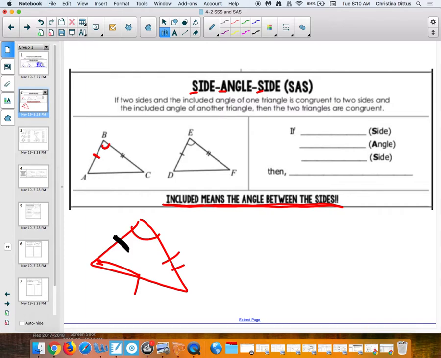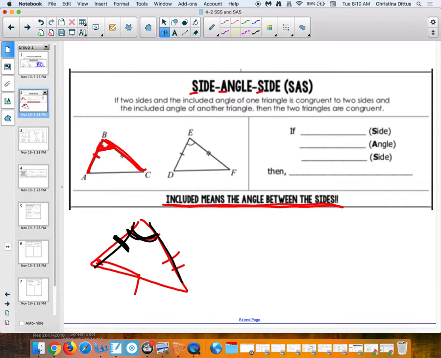It has to be the angle in between the sides. I can't have this side because the angle isn't in between the sides. Think of it like the 2 sides that you need are the ones that make up our angle. You notice how these 2 sides make up this angle? Those are the 2 sides that I need.